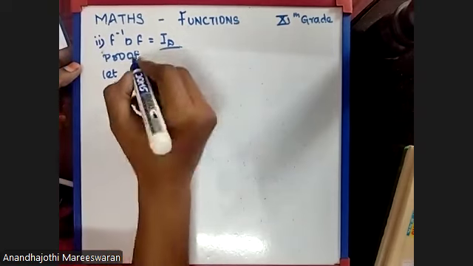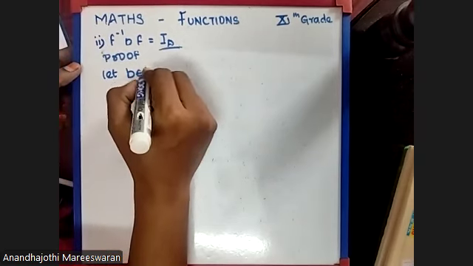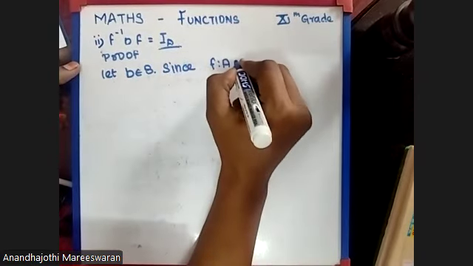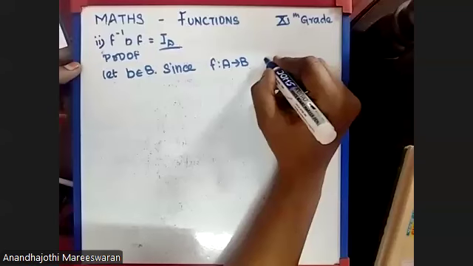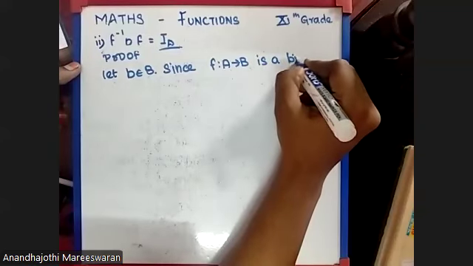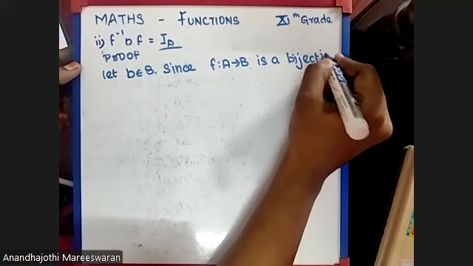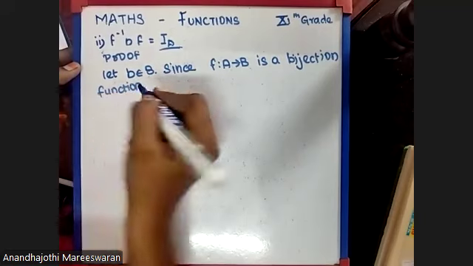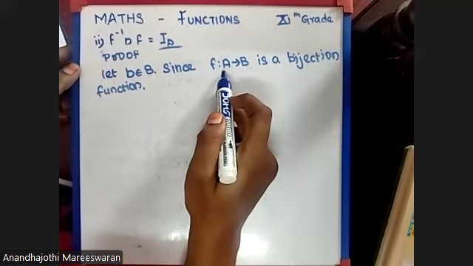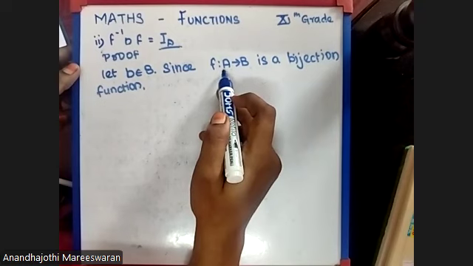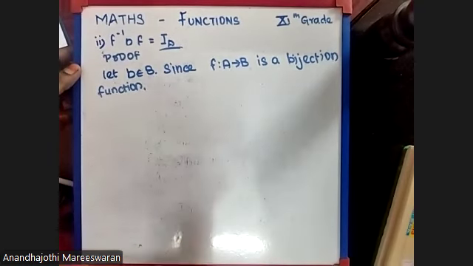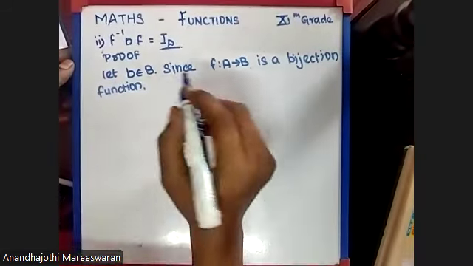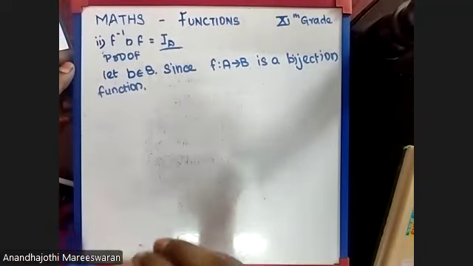So here also I am going to take b belongs to B. Since we already know that f maps A to B is a bijection function, if b belongs to B, there must exist an element a belongs to A such that f of a is equal to b.